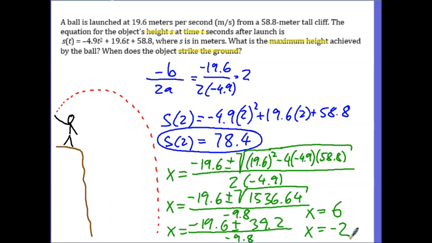Now, let's think about that for a second. We are talking about seconds here, right? And how can the seconds be negative? So we're going back in time. That's not possible. So the negative solution doesn't work out in real life. A positive solution has to be the answer.